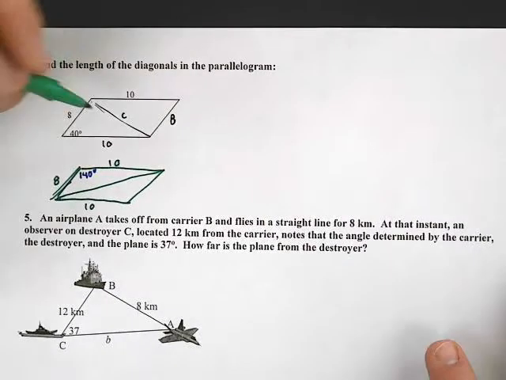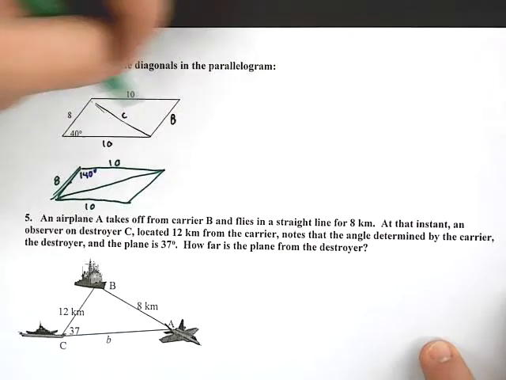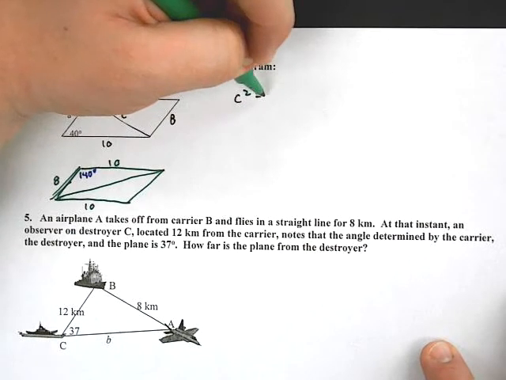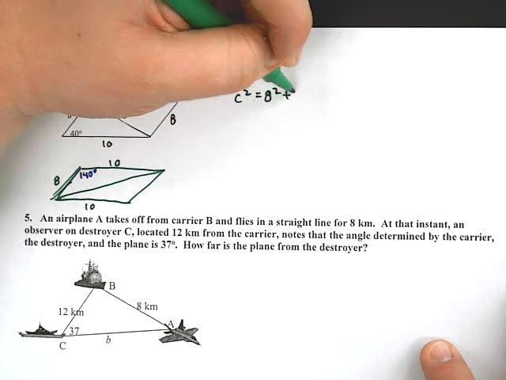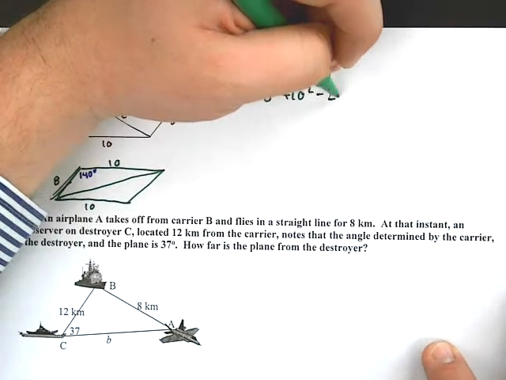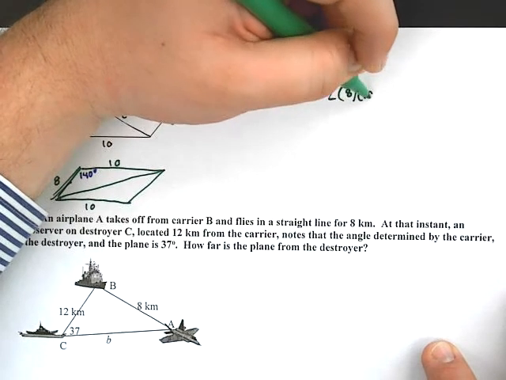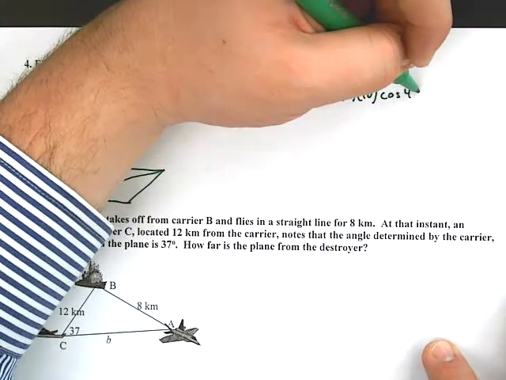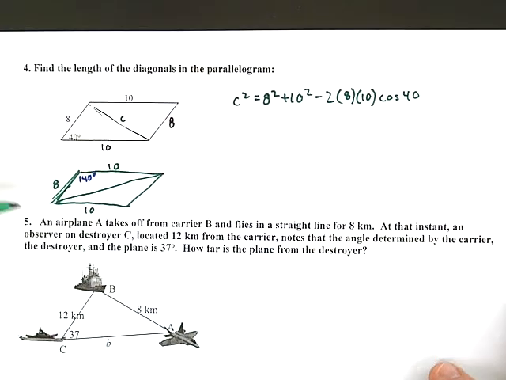So, in this picture, I'm going to say that my side across from my angle, c squared, is equal to 8 squared plus 10 squared minus 2 times 8 times 10 times the cosine of 40. What's going to be the only difference when we do the setup here?